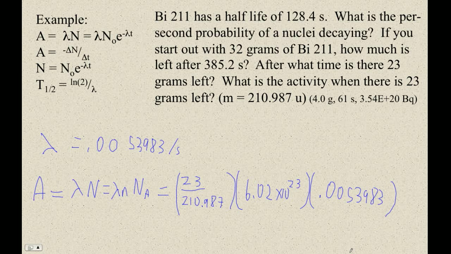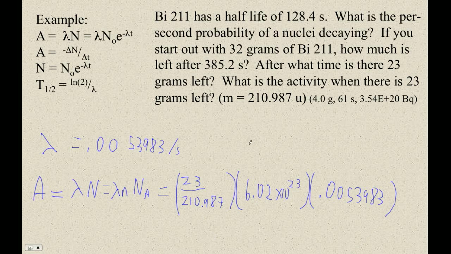Okay, so we're all set now. Okay, so let's see, 23 divided by 210.987 times 6.02 e to the 23rd times a, which is where I put the lambda.